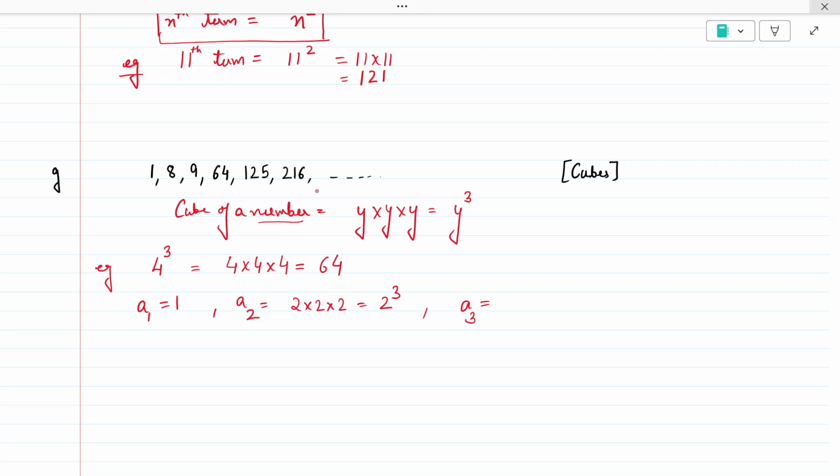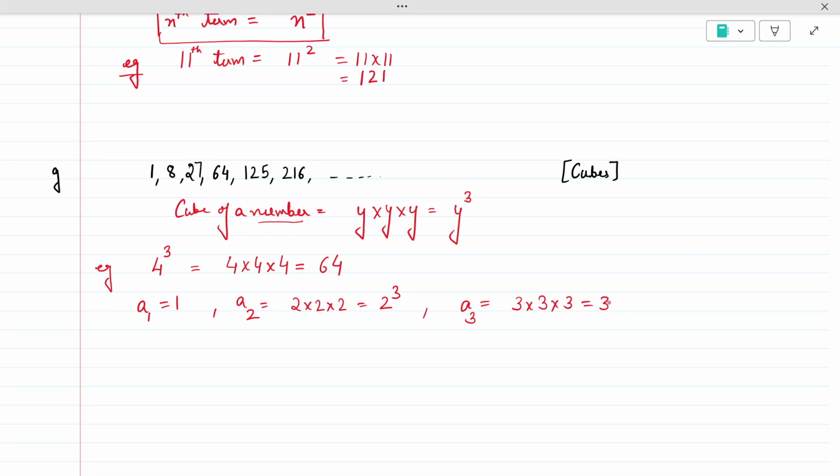I'm sorry kids, because 9 should not come here. Let me correct it. It should be 27. Okay, now it's correct. So here it is 27. 27 is the cube of 3. 3 multiplied by 3 multiplied by 3 is 27.